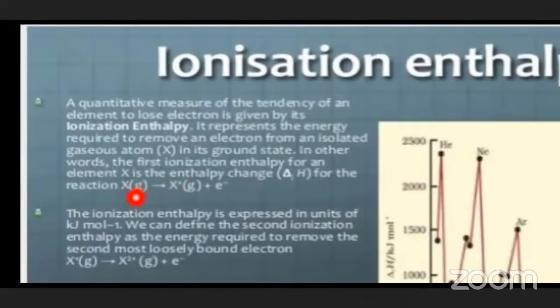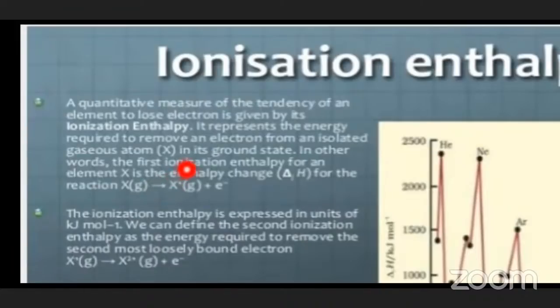We are going to give some energy to remove an electron from the element X. When we have removed the electron from the element, X is changed as X plus cation. So while the removal of electron, X is converted as what? X plus. By removal of electron, any element will get which charge? That we know well. That is plus.